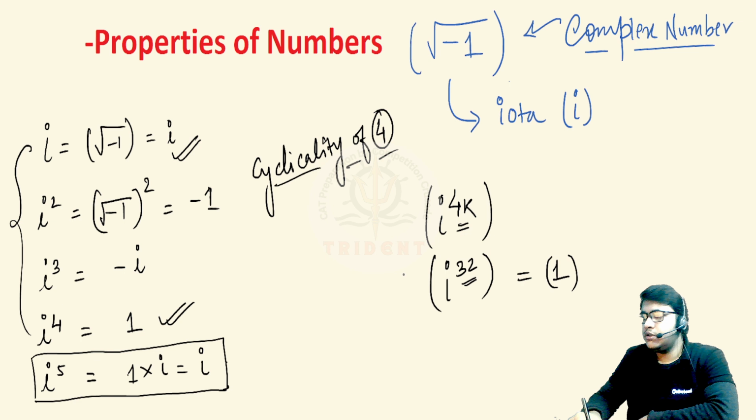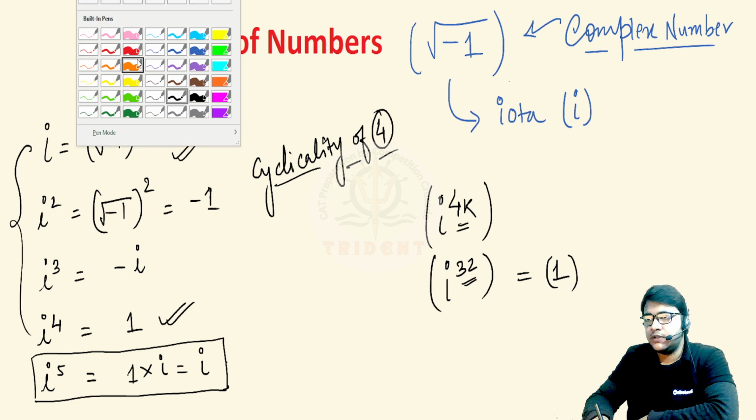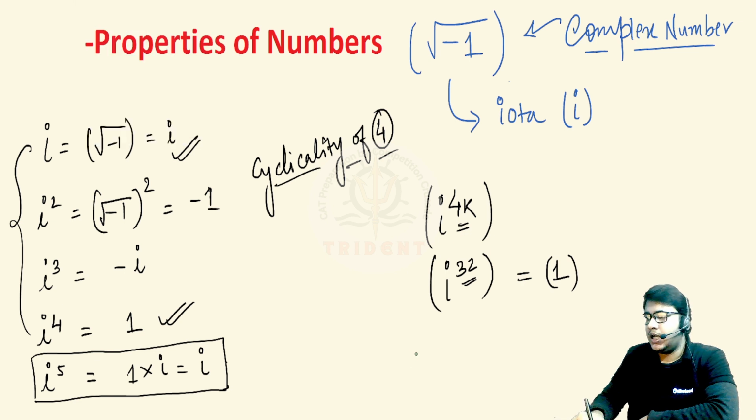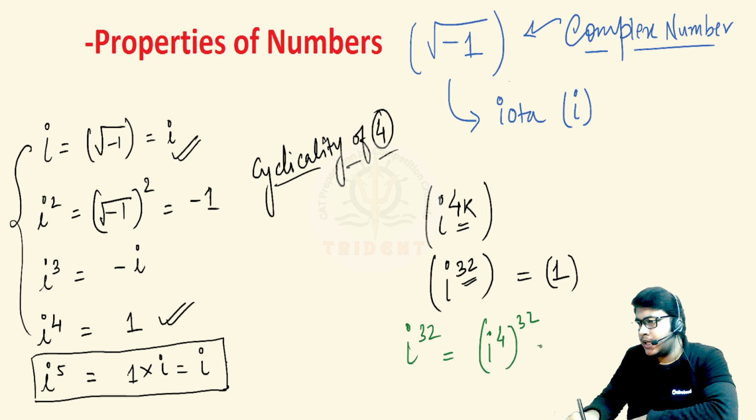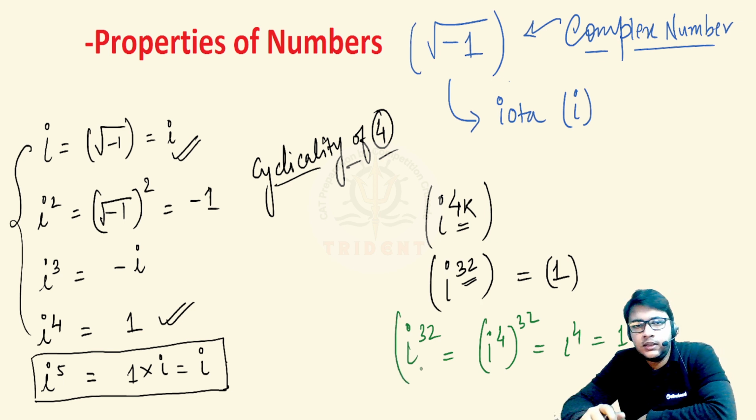Because i raised to the power 32 can be written as i raised to the power 4 into 32, or 32 into 4, raised to the power 4. And this invariably will give you nothing but i raised to the power 4, which is 1. Does this make sense? I hope it does.